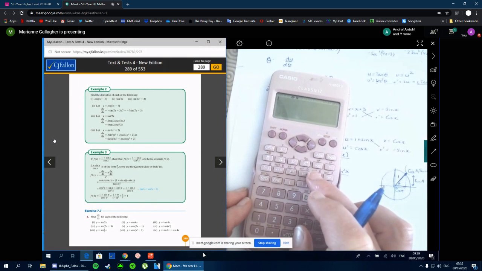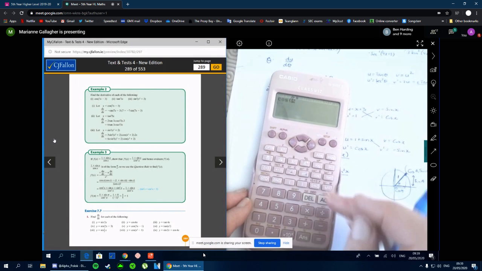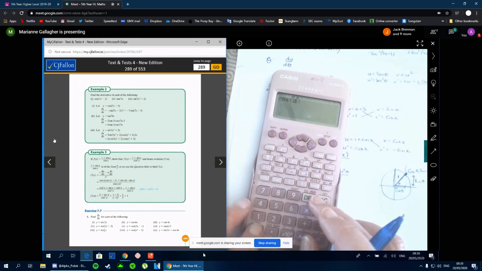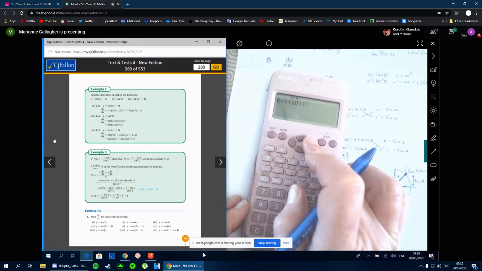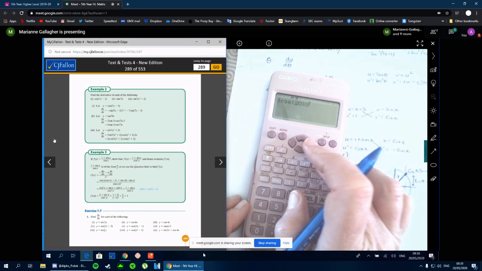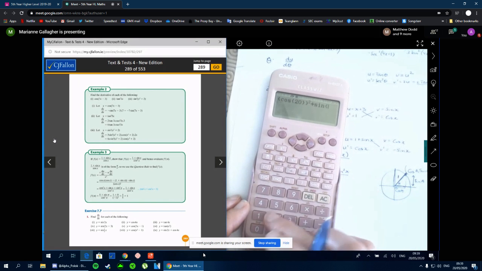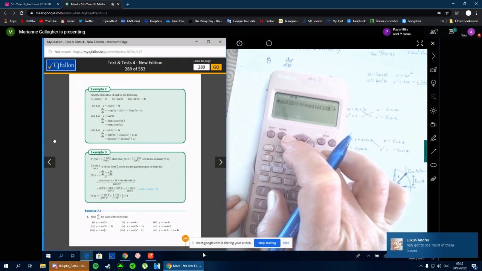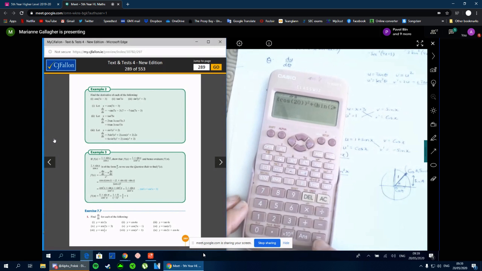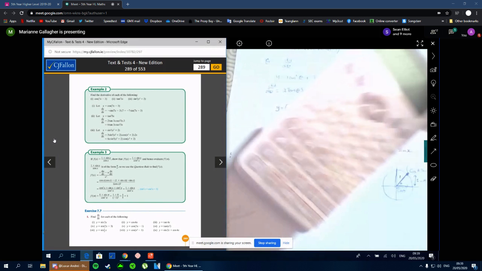Let's just do cos 20, and we square that, plus sine 20, and we square that. It doesn't matter what number I put in there, it's always going to equal 1.